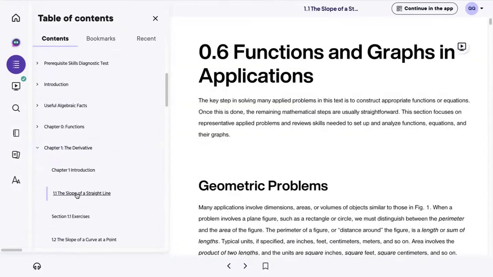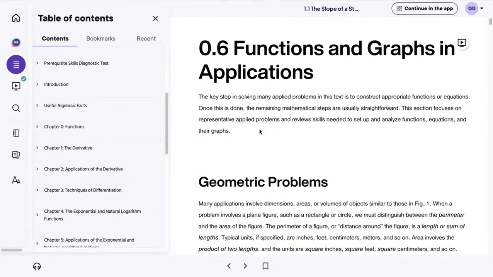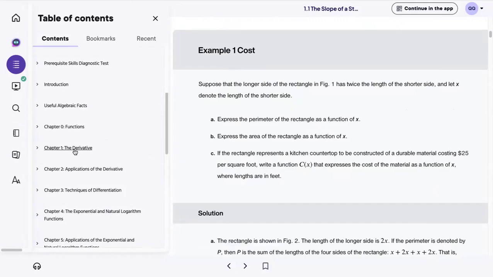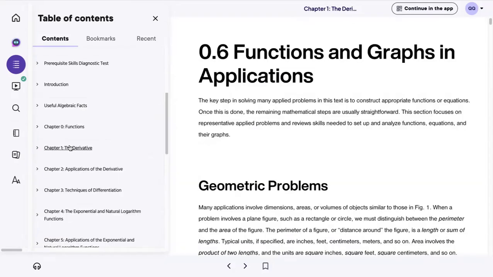So going to chapter 1, what happened? This page doesn't move. Okay, I'll see what the problem is. Let me finish the video. Let me stop recording now. I'll find out what's wrong with that.